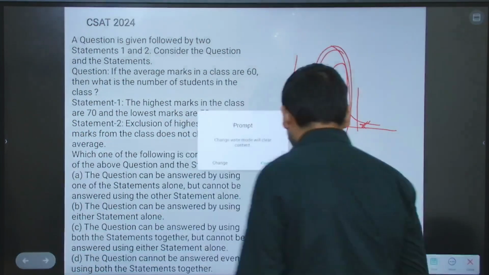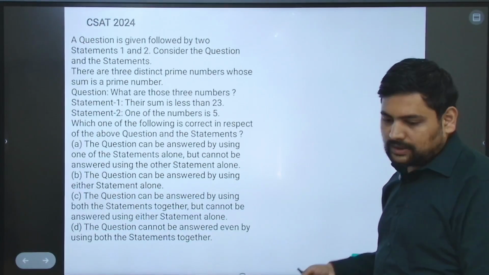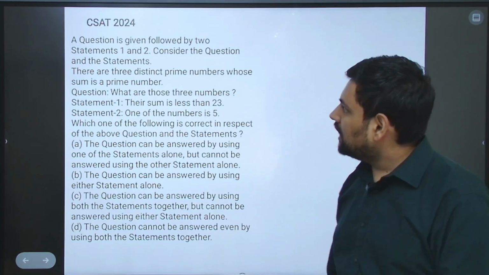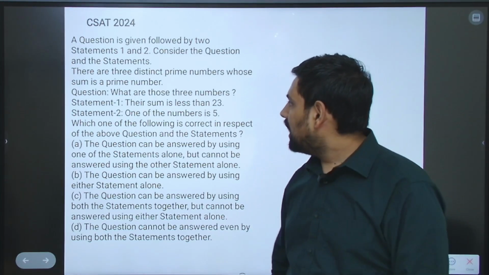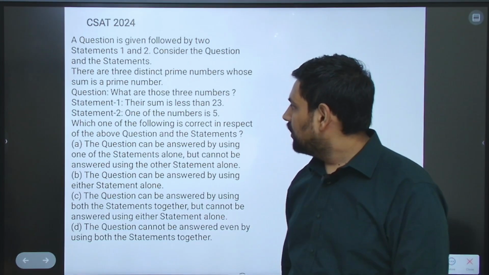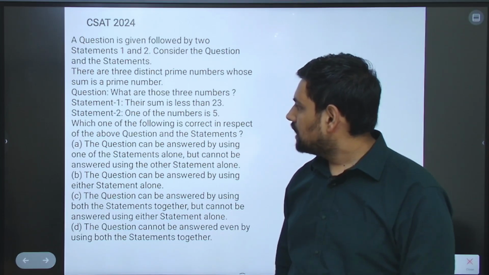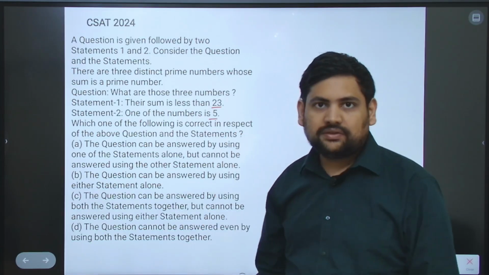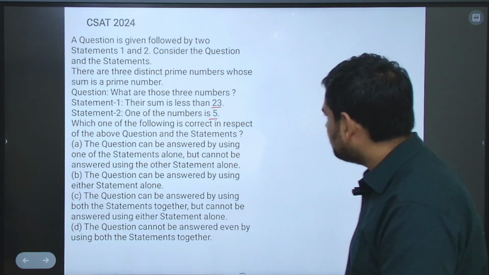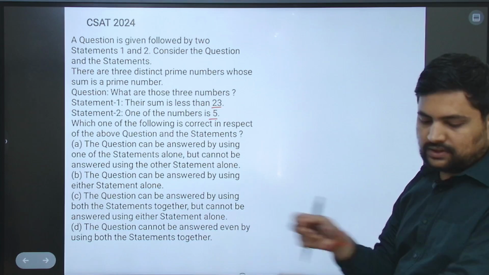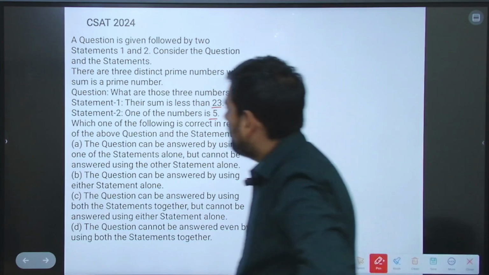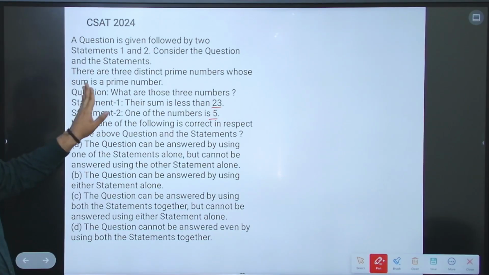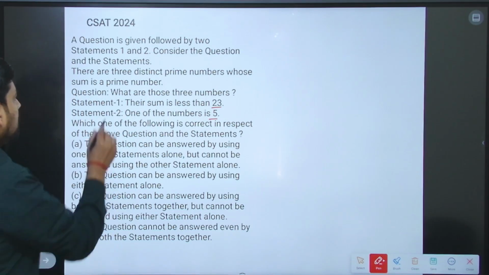Next is this. Let's try this. What are those three numbers? Their sum is less than 23. One of the numbers is 5. Now see, the question says there are three distinct prime numbers whose sum is a prime number.